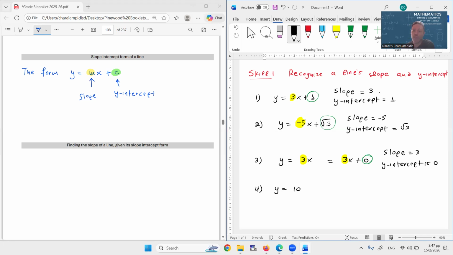All you have to do is to simply think that 10 is the same as 0x plus 10. The only reason we skipped that was because 0 times x is still 0, and 0 has no influence on any addition or subtraction. So here, we would say that the slope is 0, and the y-intercept is 10.